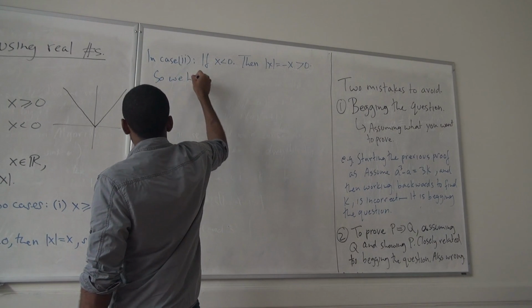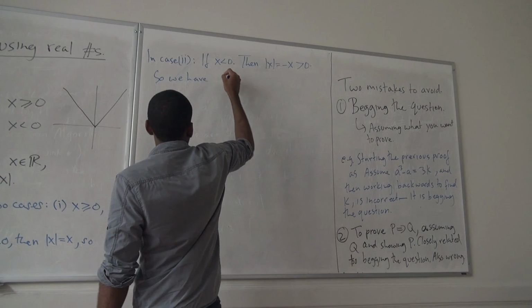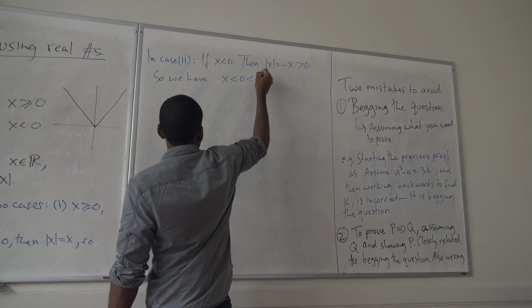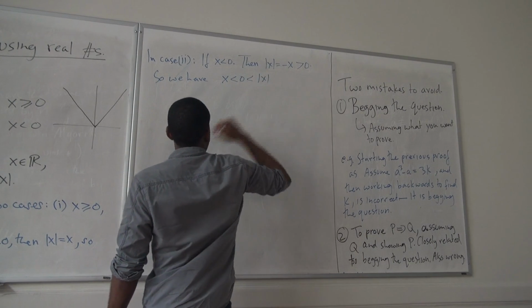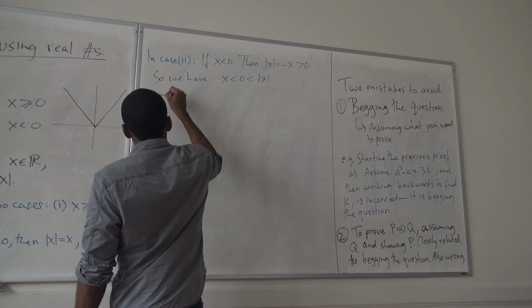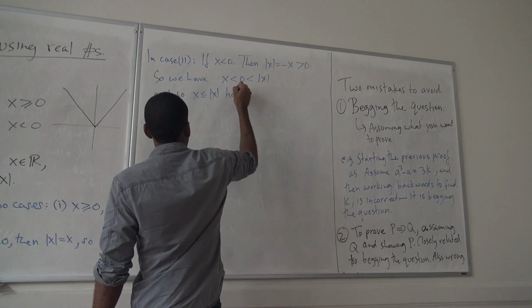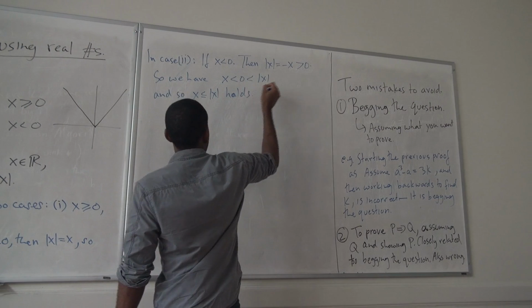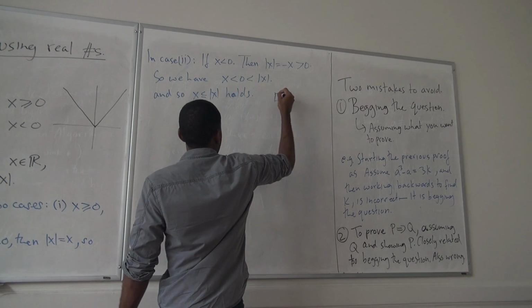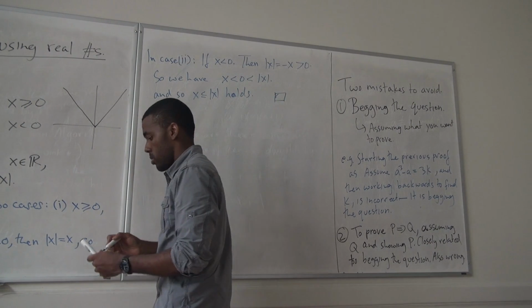So we have x, which is less than 0, but that's less than the absolute value of x because that's greater than 0. And so x is less than or equal to the absolute value of x again. So that's the lemma.